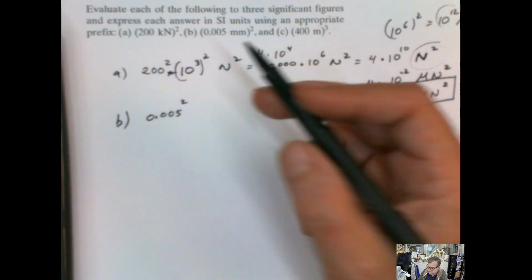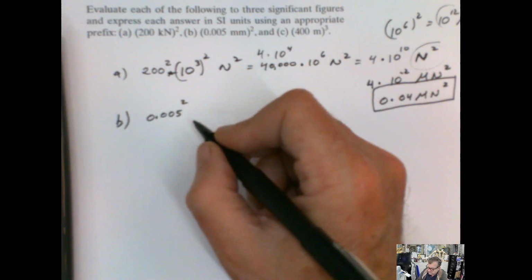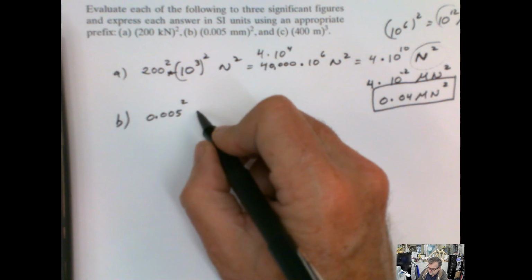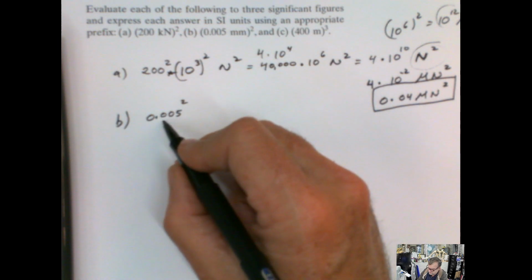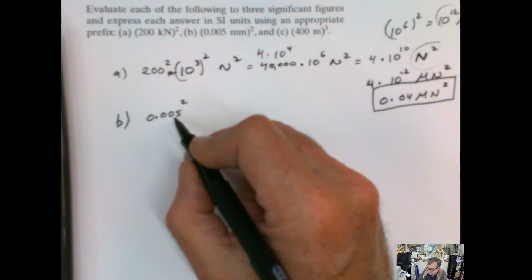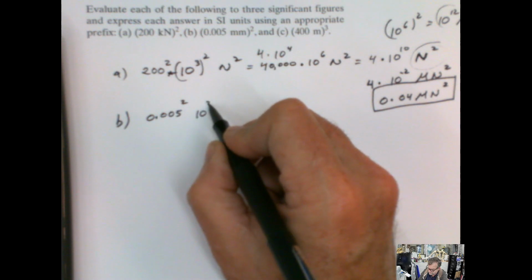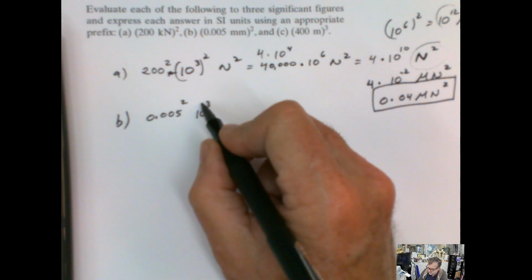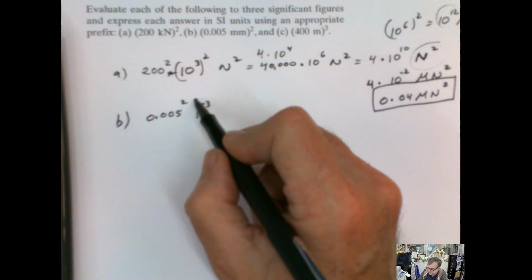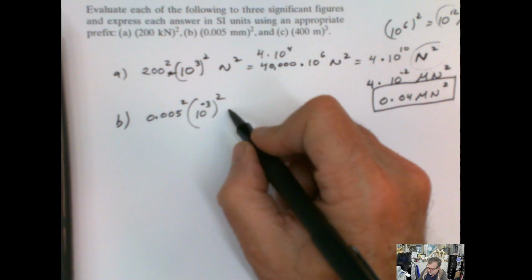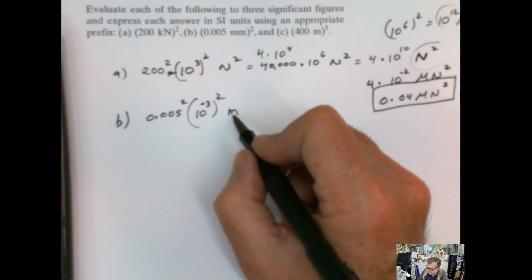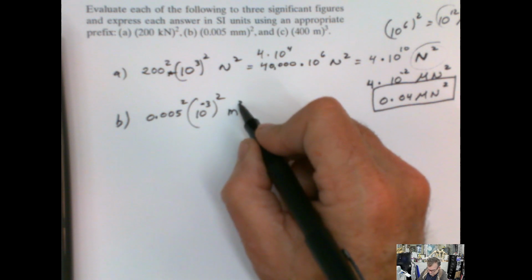I want to express this in a unit that resembles the answer better. If I express this in meters squared, it's going to be a very, very small number. So millimeter is 10 to the negative 3, I'm going to square it, and this is going to be meter squared.